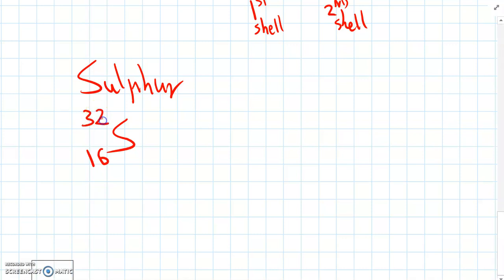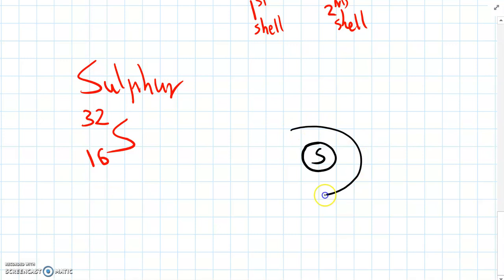So 32 will be the mass. So to draw sulfur, let's just skip drawing the nucleus, and we can just write S as the nucleus. But for the electron shells, we're going to have to count and check that every shell is full.